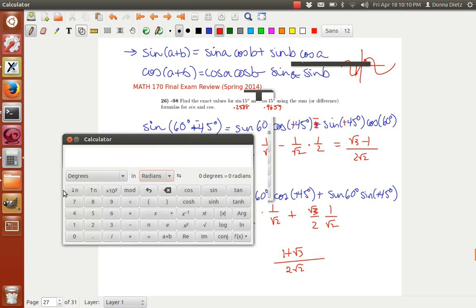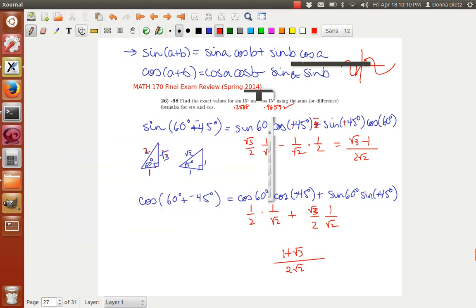Okay, so now let's see. We have 1 plus 3 to the 0.5, divided by 2 times 2 to the 0.5. Let's see what that equals. Yep, this one worked.